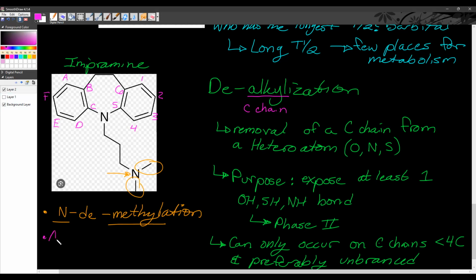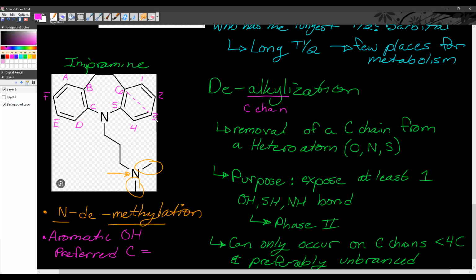So for aromatic hydroxylation, what would be the preferred carbon on the numbered benzene ring, in this one on the right? Yeah, I'd say 3. Why?